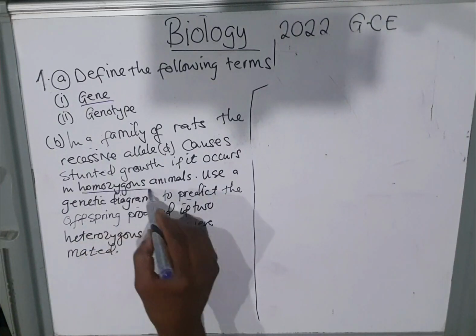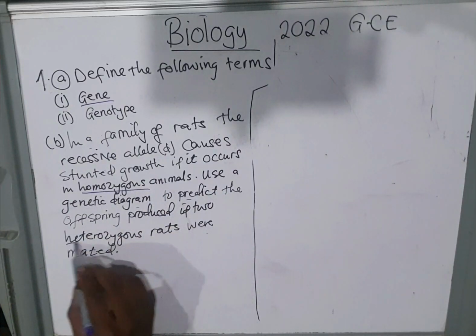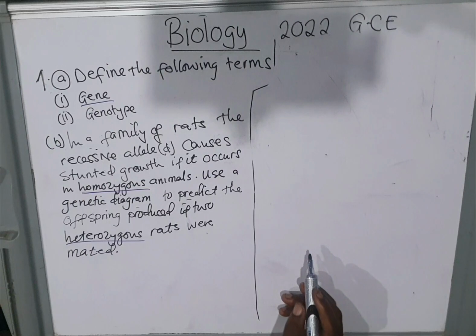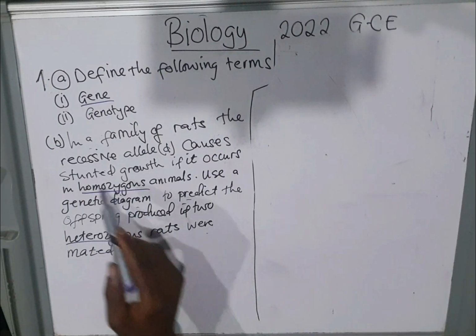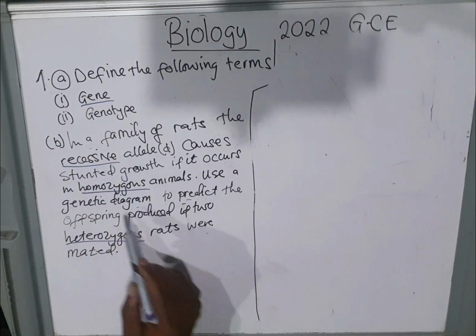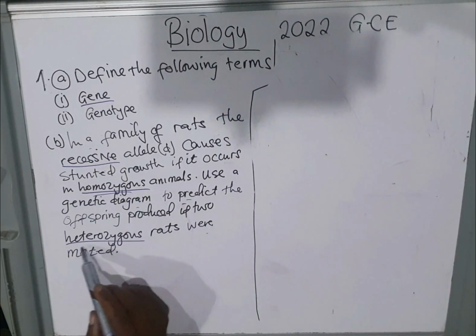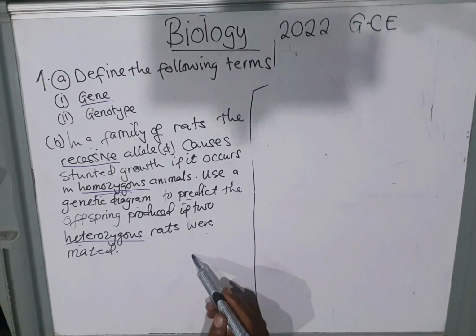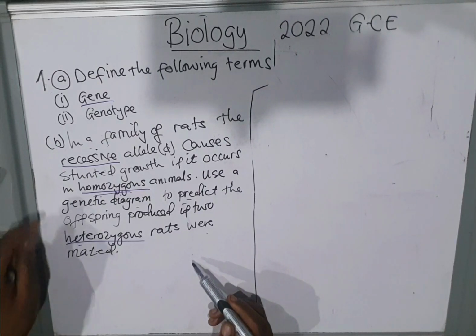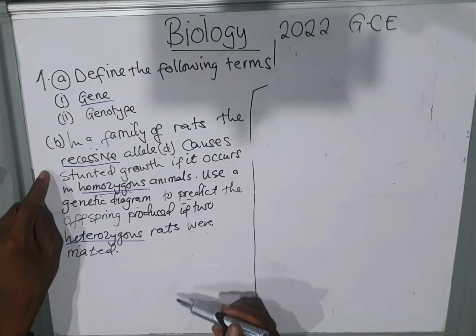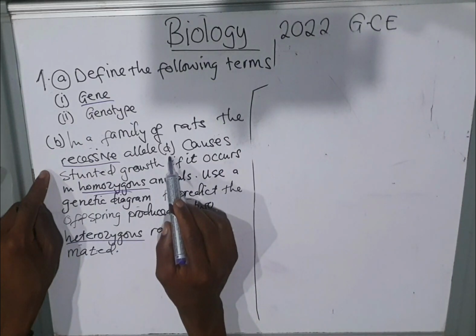So under genetics and other parts of biology, there are always terms which you have to understand in order to get the question correct. You need to know what is a recessive allele, what is a dominant allele, what homozygous is, what heterozygous is. Recessive, in simple terms, these are letters which represent a particular trait in small letters.